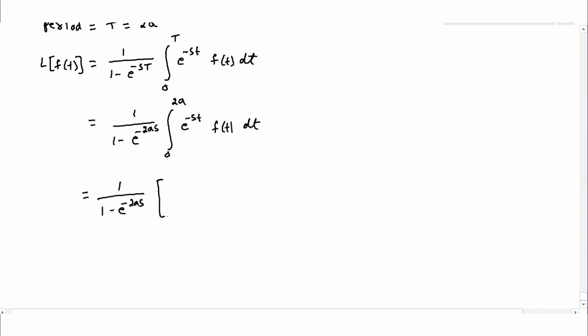The first limit is 0 to a, so it is 0 to a e power of minus st. For 0 to a, check what is the value of f of t.